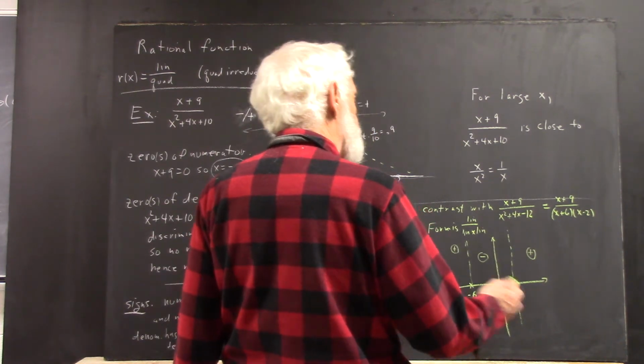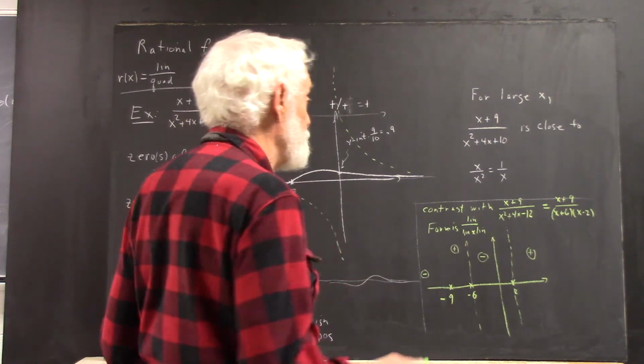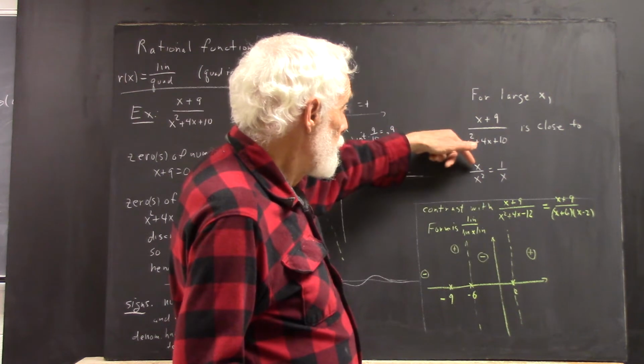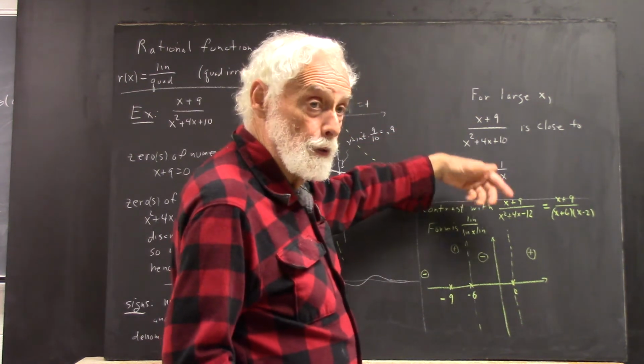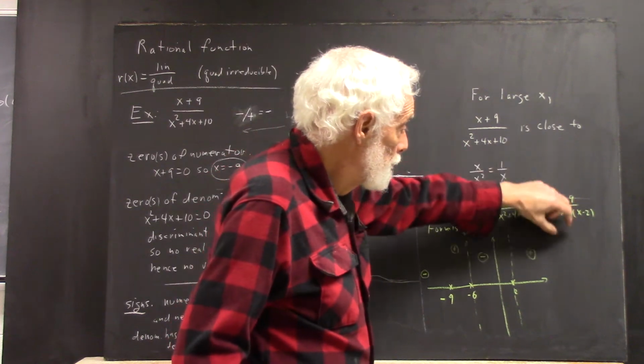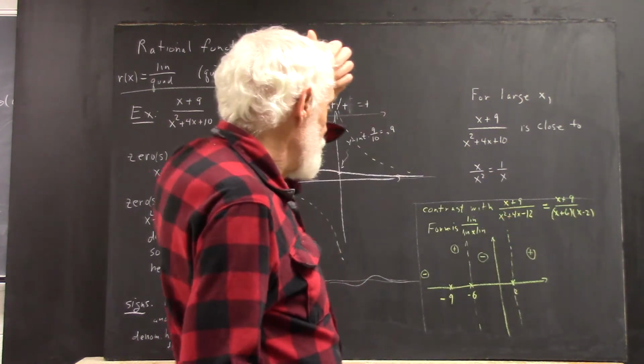We also see that the large x behavior, for the same reason it is here, this still behaves like x over x squared when x is really big. You've got a really big divided by a really big times a really big. Okay?